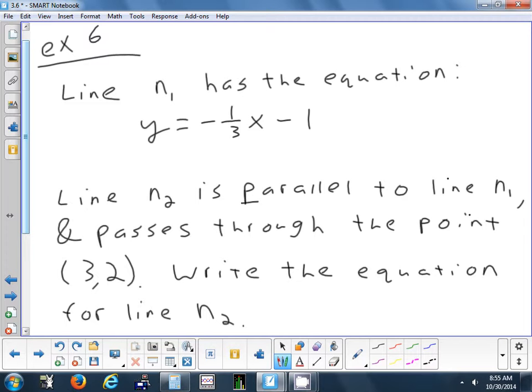How do we know that? It's parallel to line N1, so it has the same slope. So we know the slope, and we've got a point, so we can figure out the equation. All right, so try that one on your own. Make your table, organize your data, solve for B, and see if you can find the equation for line N2.